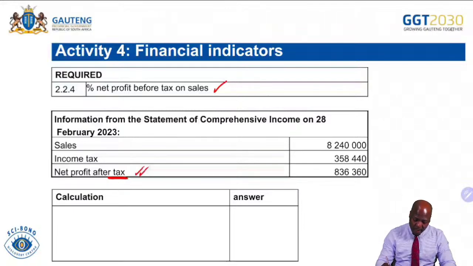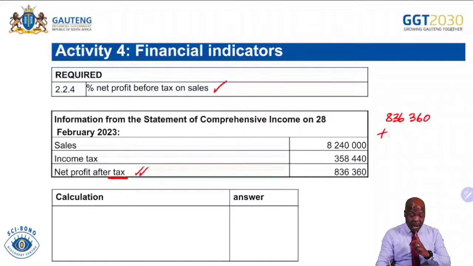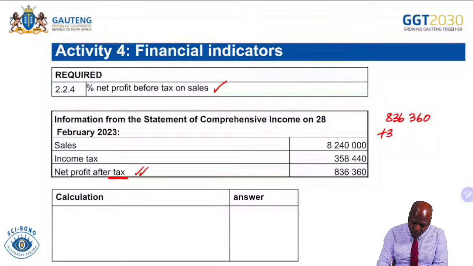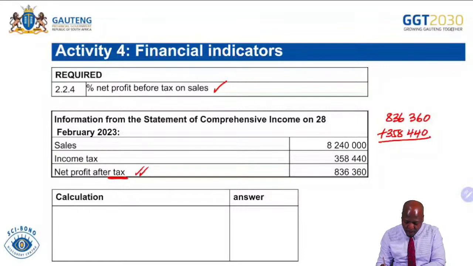So that simply means we take our net profit after tax, which is 836,360. Then we add, what are we going to add in this case? Yes, you are right. We're going to add the income tax of 358,440. So we add these two amounts.